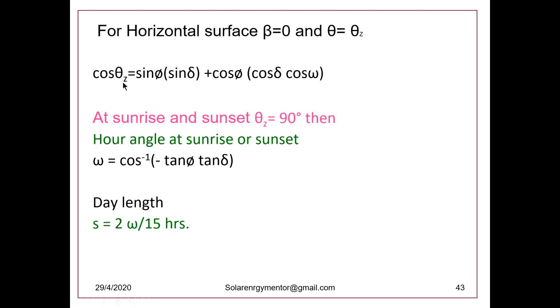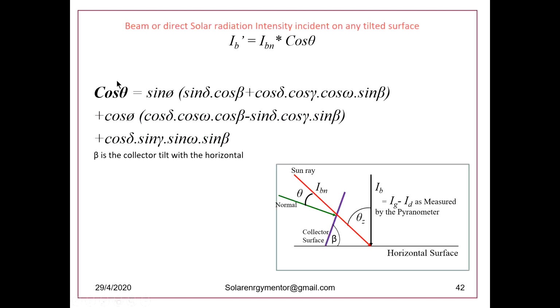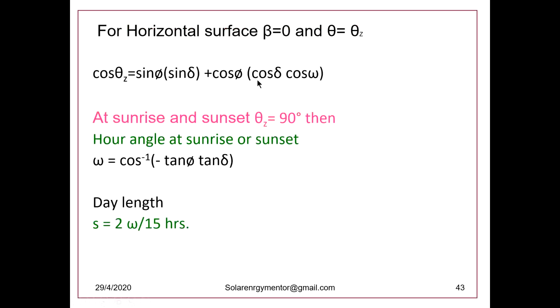If you substitute beta equal to 0, then cos theta becomes cos theta z, which is equal to sin phi sin del plus cos phi cos del cos omega. So this is the cos of zenith angle. The zenith angle depends on latitude, it depends on day number, and it depends on hour angle, the time of the day.